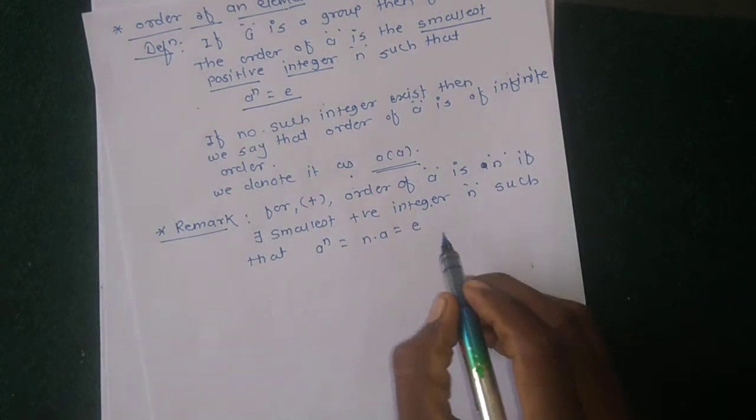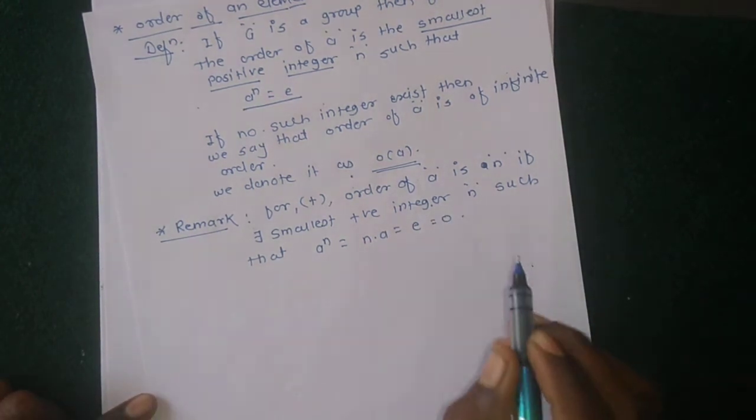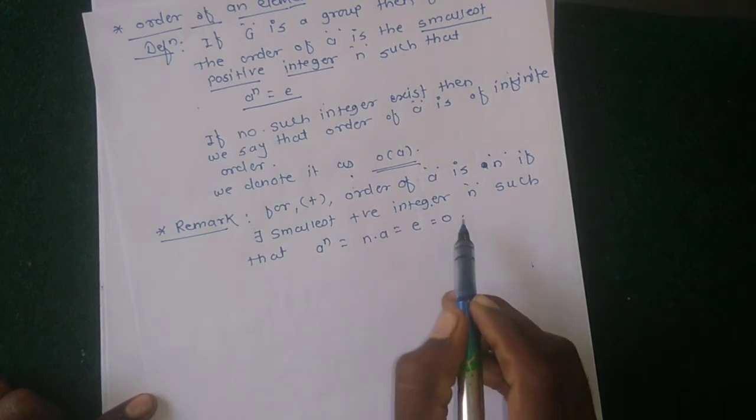For addition, the identity element is 0, therefore n times a equals 0.